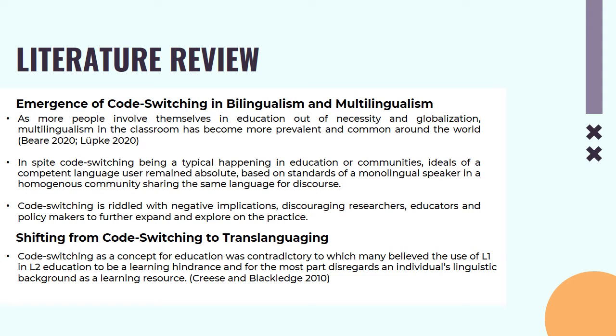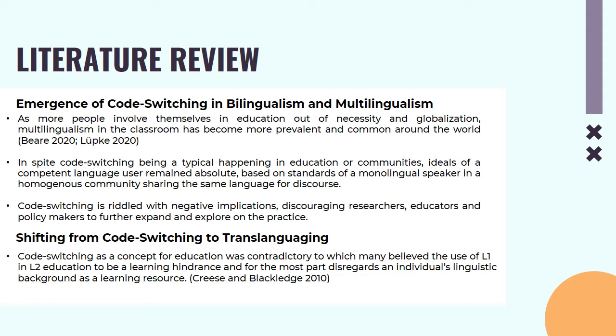About the emergence of code switching in bilingualism and multilingualism: as more people involve themselves in education out of necessity and globalization, multilingualism in the classroom has become more prevalent and common around the world. Despite code switching being a typical happening in education or communities, ideals of a competent language user remained absolute, based on standards of a monolingual speaker in a homogeneous community sharing the same language for discourse.